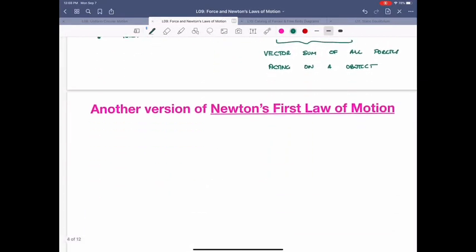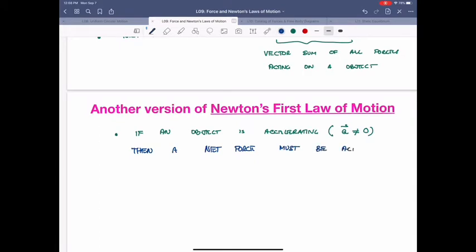Another way to say the same thing is to say that if an object is accelerating, that means the acceleration of the object is not zero, then a net force must be acting on the object.